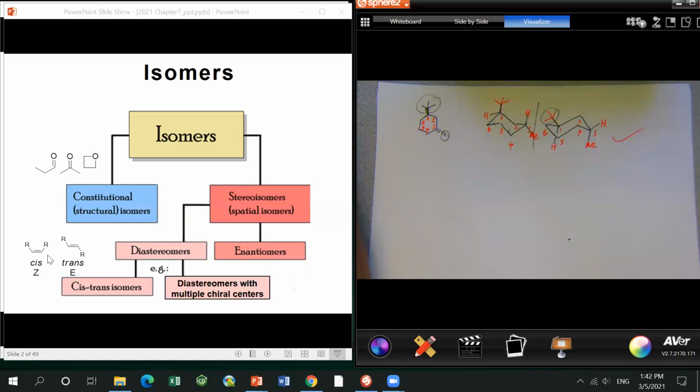Cis isomers have two alkyl groups on the same side of the double bond, and trans isomers have two alkyl groups on opposite sides. Among stereoisomers there are also other types, including enantiomers and diastereomers. Cis-trans isomers are actually one type of diastereomer. We will learn other diastereomers in this chapter, but mainly we focus on enantiomers and diastereomers.